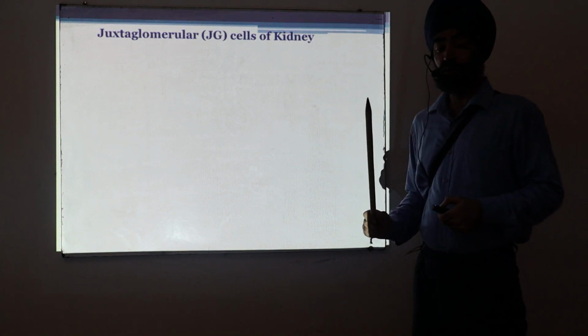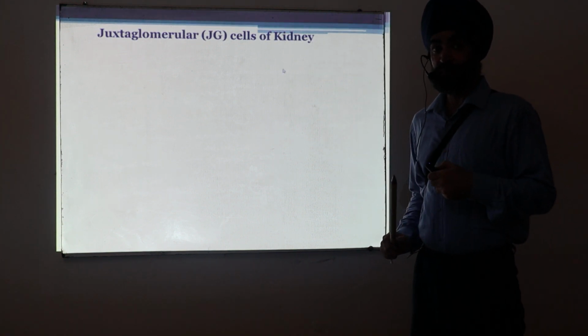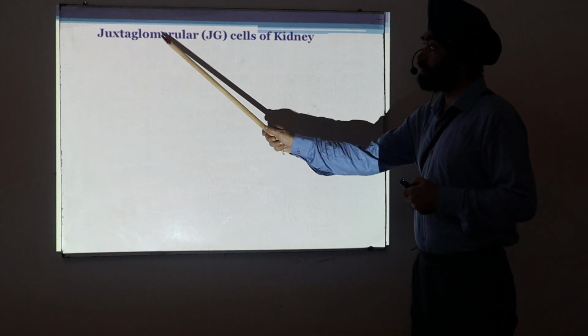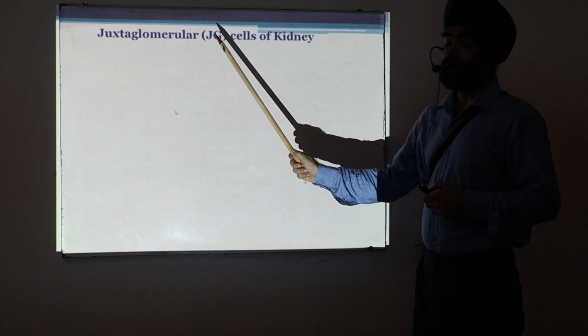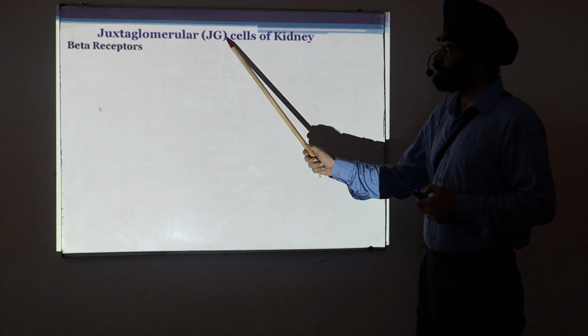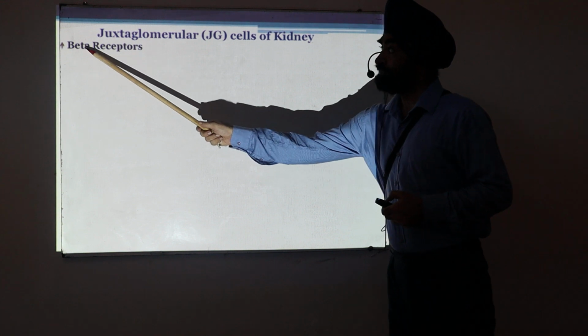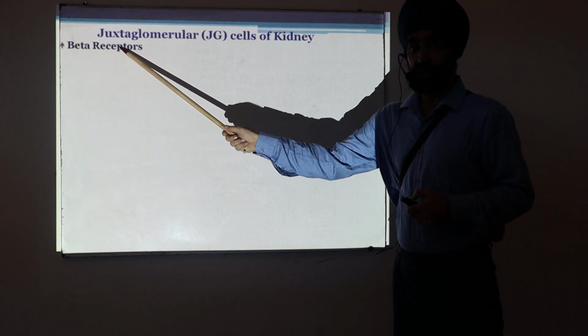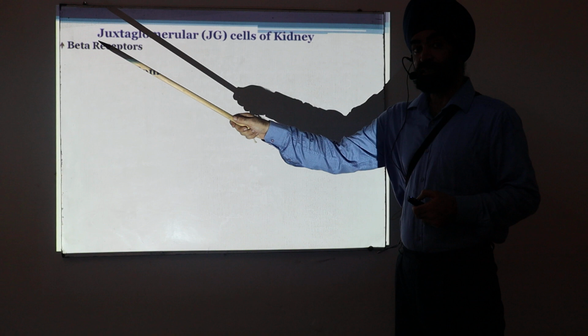If you discuss the renin-angiotensin system, it starts from the juxtaglomerular cells, also called JG cells of the kidney. These cells respond to activation of beta receptors, which are part of the sympathetic nervous system.